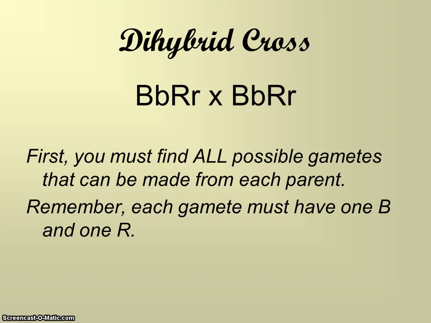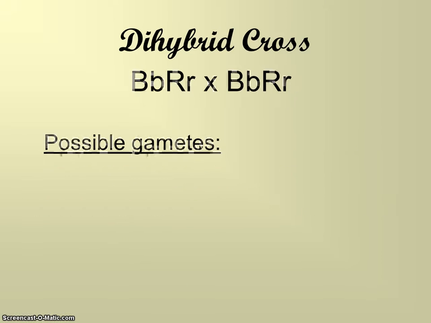We've got to figure out all possible gametes before we can get started, so we can plug those gametes into the Punnett square. Since these are our genotypes from both parents, each gamete for the Punnett square must have one B and one R. So let's look at the possible gametes.